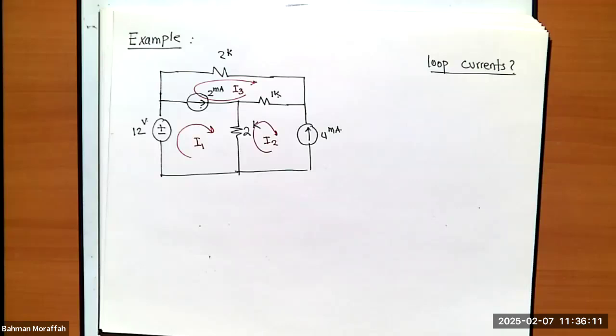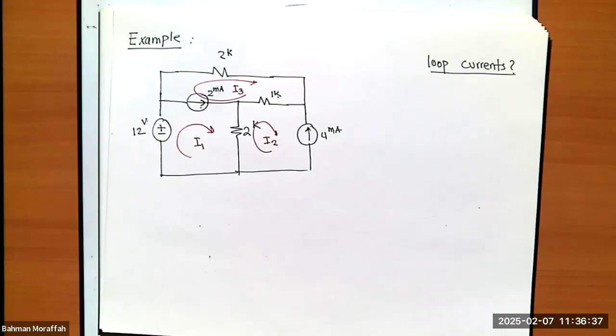Again, I chose the direction to be clockwise. I could have chosen one of them to be clockwise, the other one counterclockwise. Didn't matter, right? Yes, what was your question? I could, but I don't have to because I already named all the loops. The outer loop would be a combination of those other two loops, right?